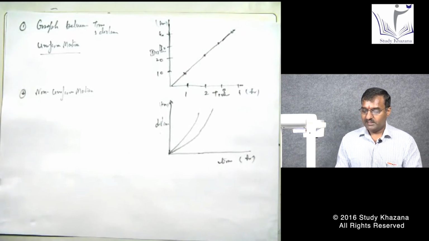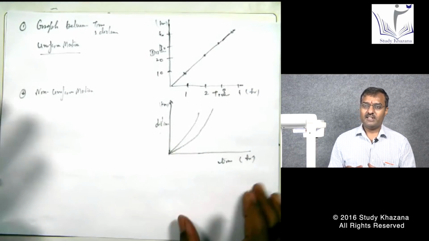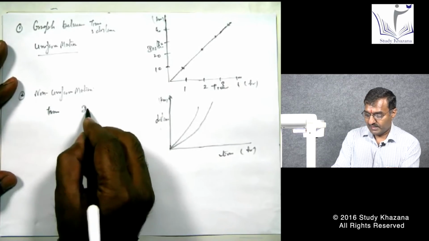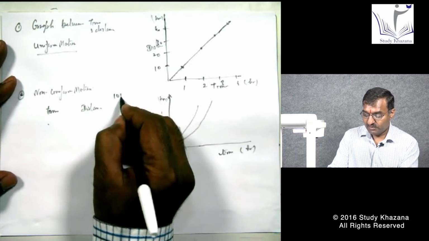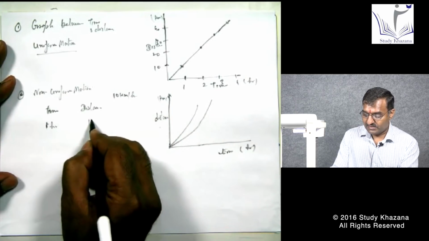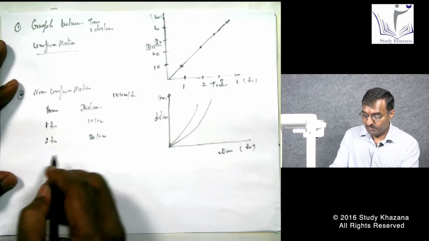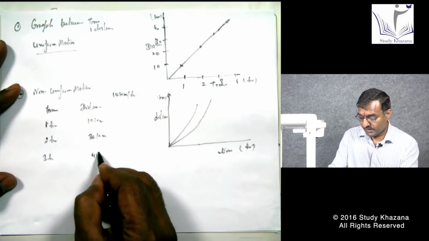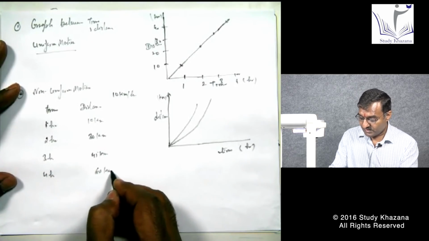In non-uniform motion, you will see that the distance traveled is not equal in equal intervals of time. Here I can write time and distance. Suppose initially it was moving 10 kilometer in 1 hour. Now in 2 hours, instead of 20 it becomes 30 kilometer, in 3 hours it becomes 45 kilometer, and in 4 hours it becomes 60 kilometers.